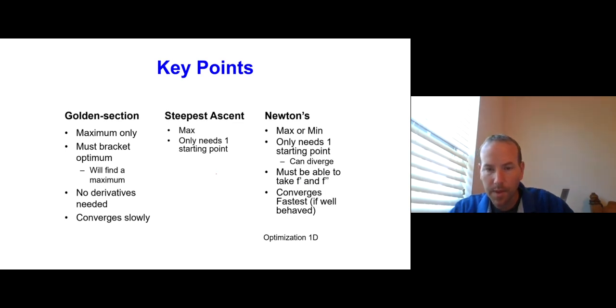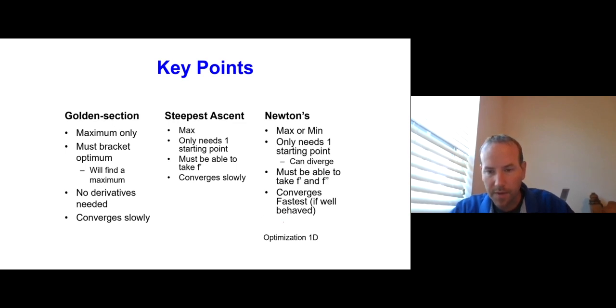And the steepest ascent method is kind of in between, where it finds maxima. It only needs one starting point, but it must be able to take the first derivative, and it converges fairly slowly. So each of these methods has various different advantages and disadvantages.